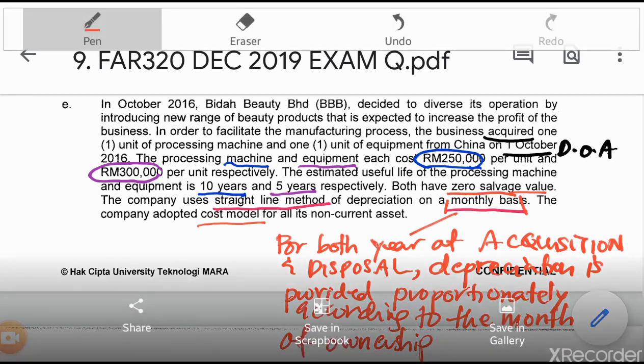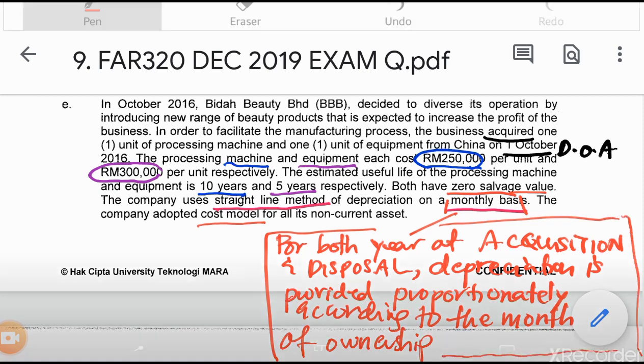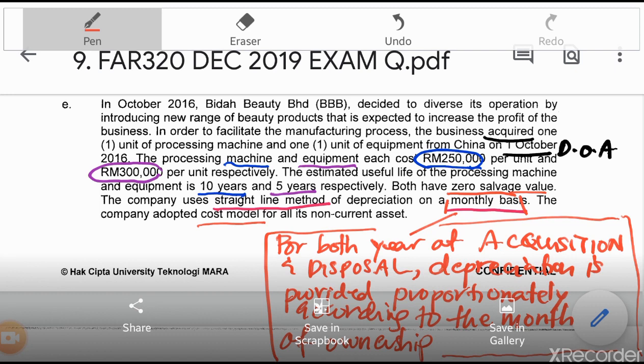Okay, you have to make sure that you still can recall this, meaning that you're going to provide depreciation even in the year of disposal up to the month the asset was last consumed. And therefore, if it has been consumed for 3 months, you're still going to provide depreciation for 3 months in the year of derecognition or in the year of disposal.